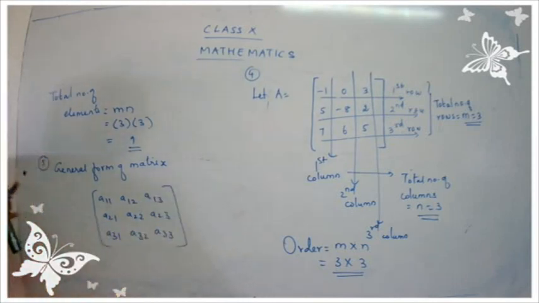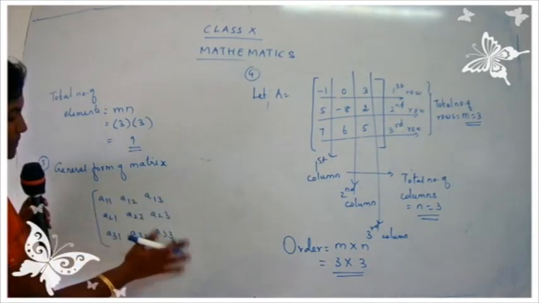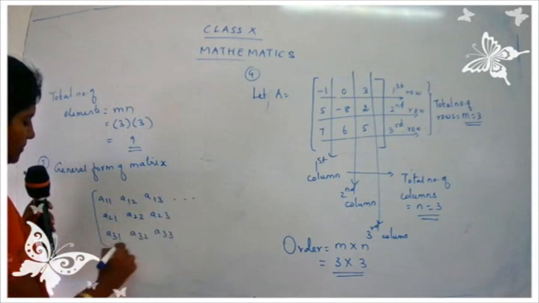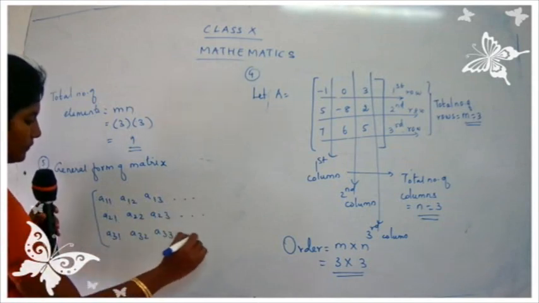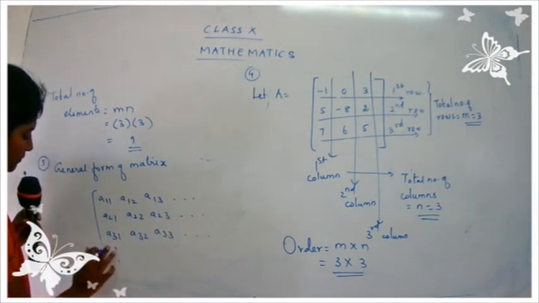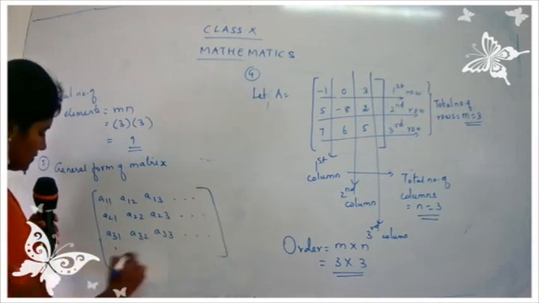So remember the general form of a matrix. Children, this may go on. We can have any number of rows, and here also we may have any number of columns.